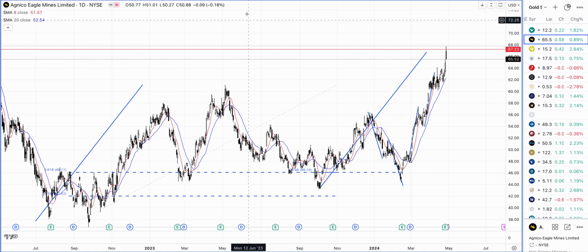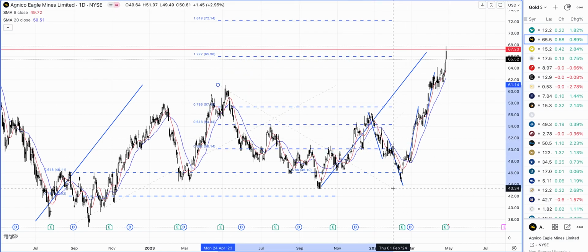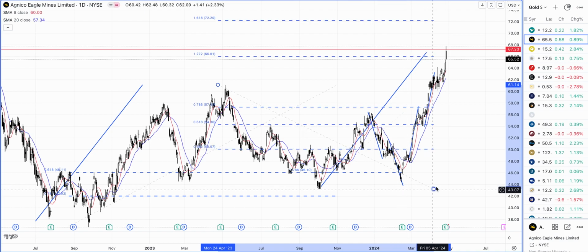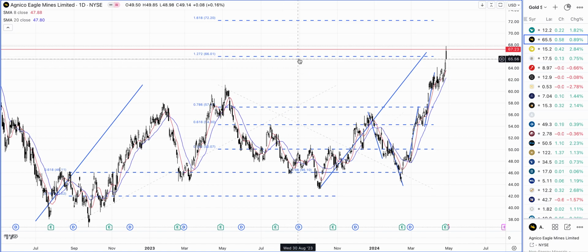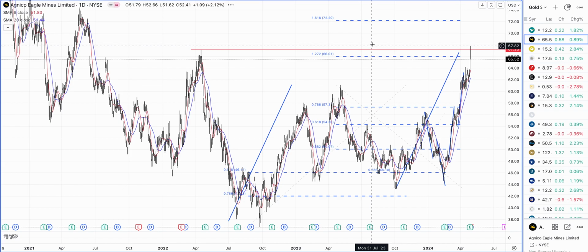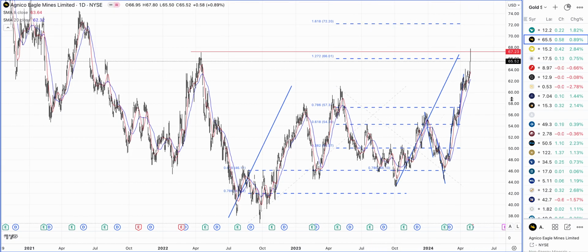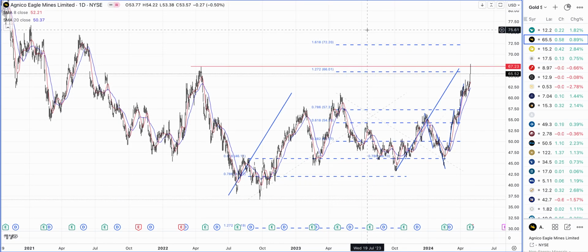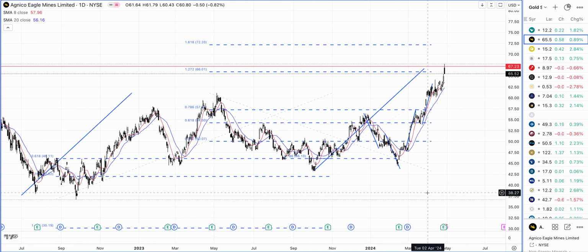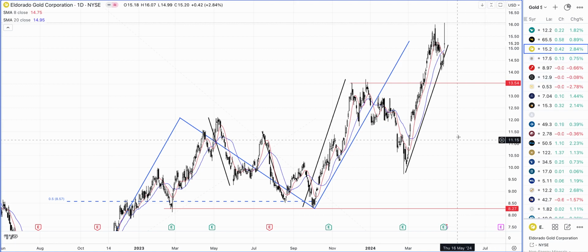I think this is one should keep on their watch list, but the ABCDs that we like to watch, it seems to have completed that. So there was also a 1.272 expansion. However, if it begins to move higher, of course, and pretty strongly, and begins to take this 72 level out, then it's really strong and good for the Agnico Eagle stock.